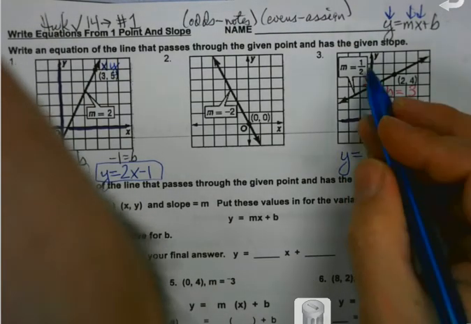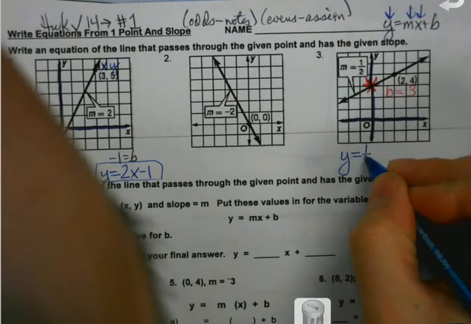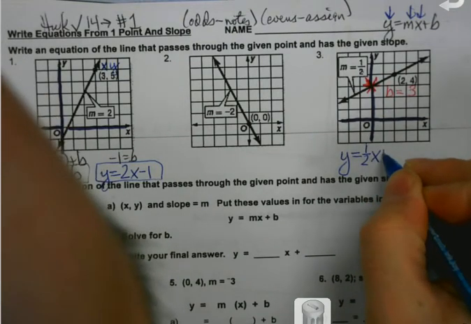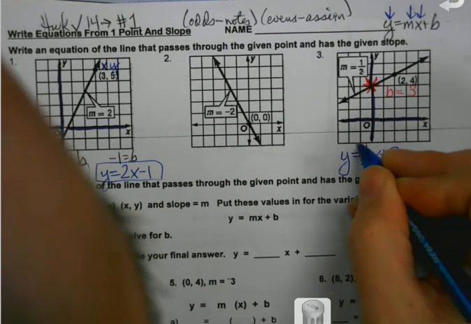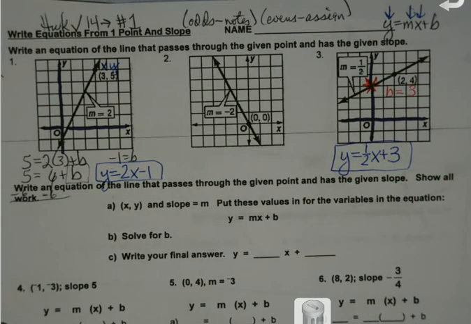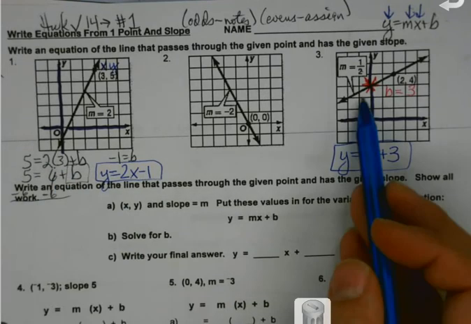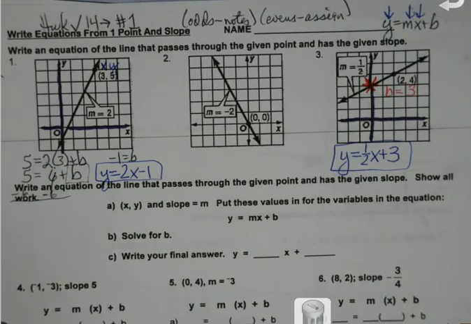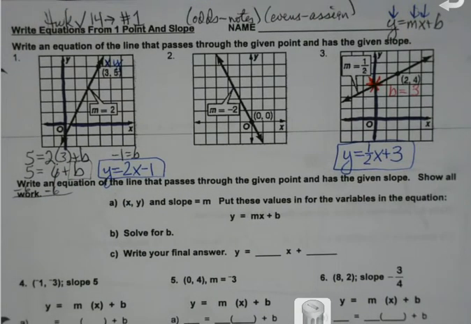Y equals m, my slope is 1/2, x plus b, which in this case is 3. So the graph does make it pretty easy, okay? I can do it mathematically, or I can do it by looking at the picture, whichever one seems to work best for you.